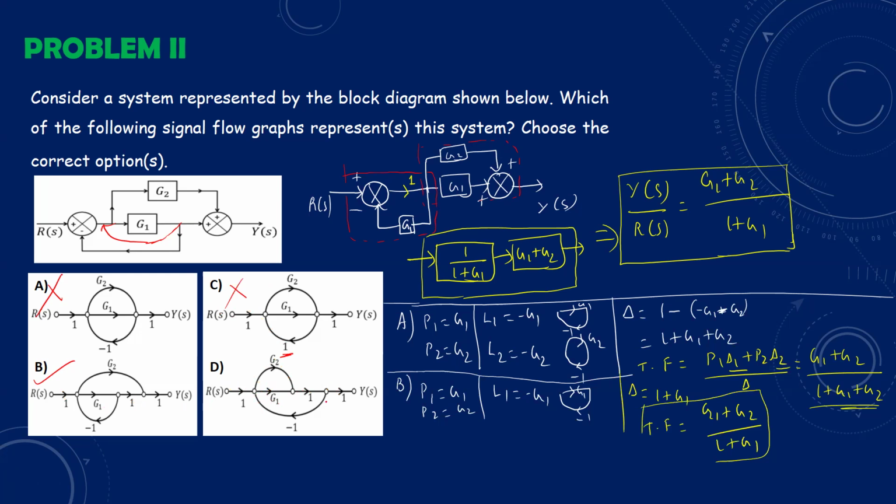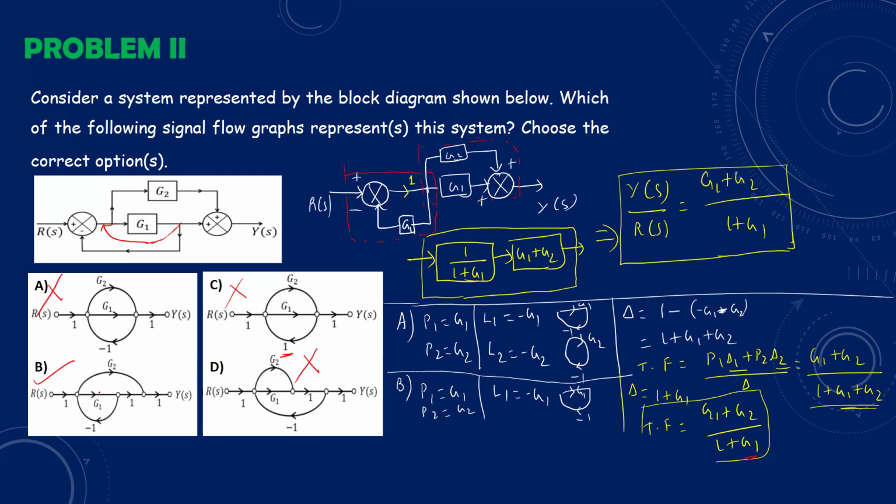If the G2 loop is given, Δ will become 1 plus G2. So in the place of G1, we will get G2, and that transfer function will not match. So option D is also wrong. Only option B is correct for this problem.